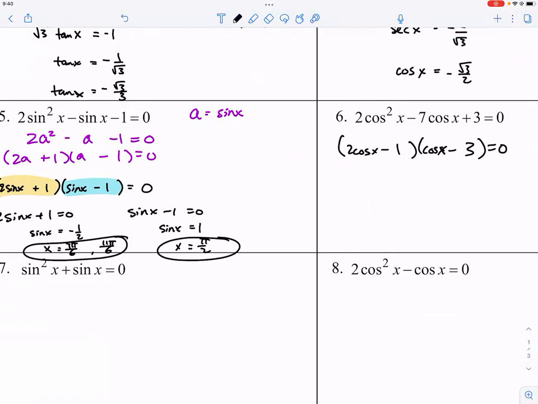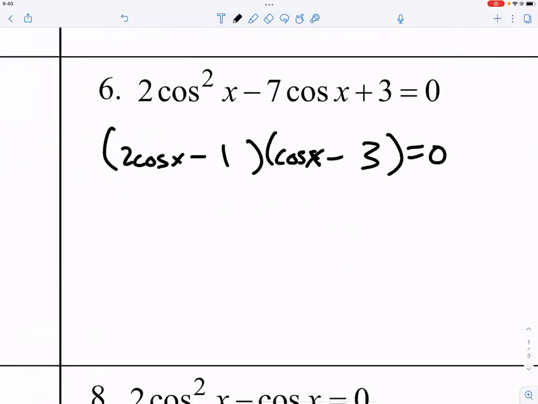That would be my factors from the trinomial. Then I would have one possibility of 2 cosine x minus 1 equal to 0, and the other possibility is cosine x minus 3 equals 0.